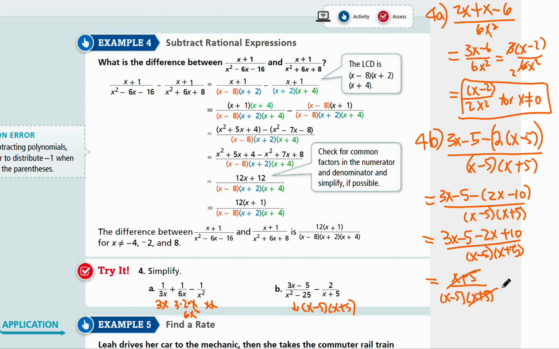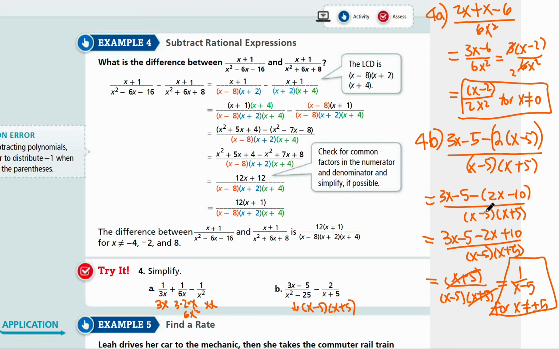And then now you can cancel this out, and you just have 1 over x minus 5 for all x except positive and negative 5. This is your final answer.